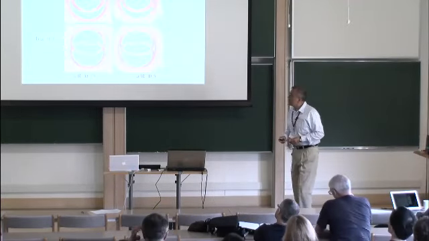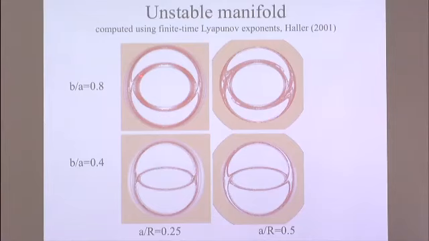If we see this structure for 4 different initial conditions, these are 2 initial conditions with the same size. This is a smaller hole, but different aspect ratios.